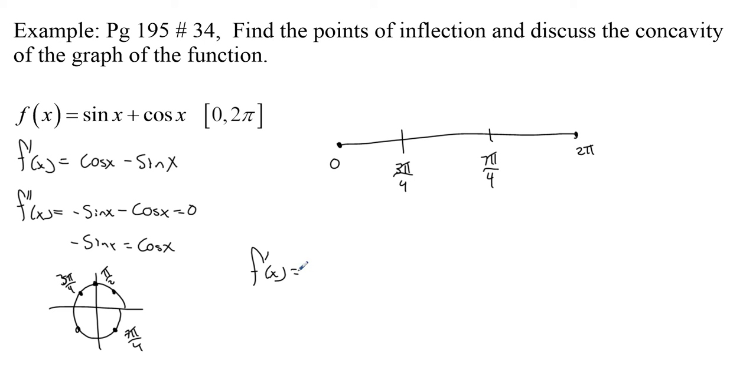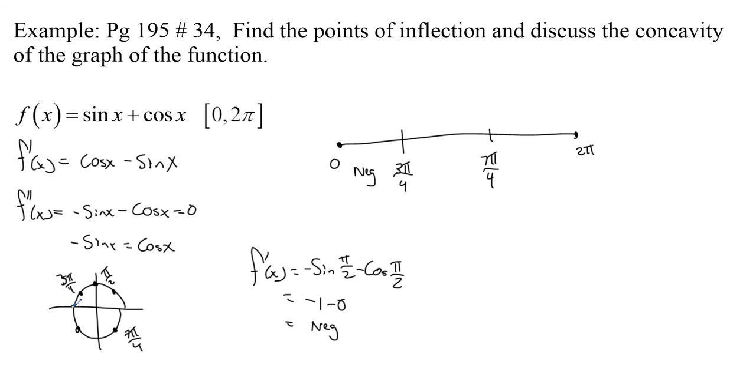So the negative sine of π/2 minus the cosine of π/2. Sine of π/2 is 1, I make it negative, minus 0, this thing is negative. So it's negative there.